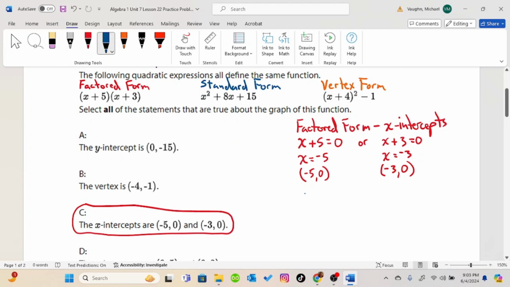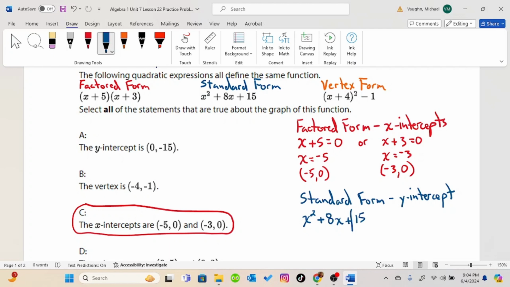The next form is standard form. And this is great for finding the y-intercept. Because when we have the standard form, the y-intercept is the c portion, or the constant portion.